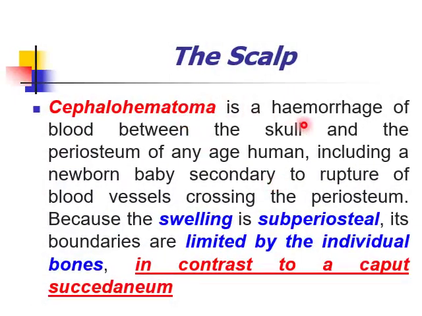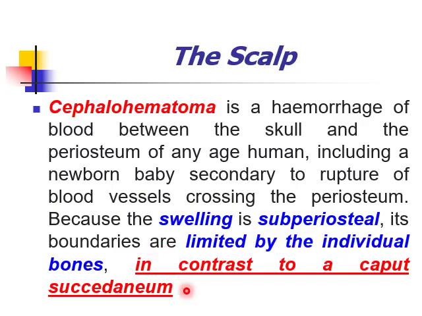While cephalhematoma is a hemorrhage of blood between the skull and the periosteum in a human of any age, including newborn babies, secondary to rupture of blood vessels crossing the periosteum. Because the swelling is subperiosteal, its boundaries are limited by the individual bones, in contrast to a caput succedaneum.